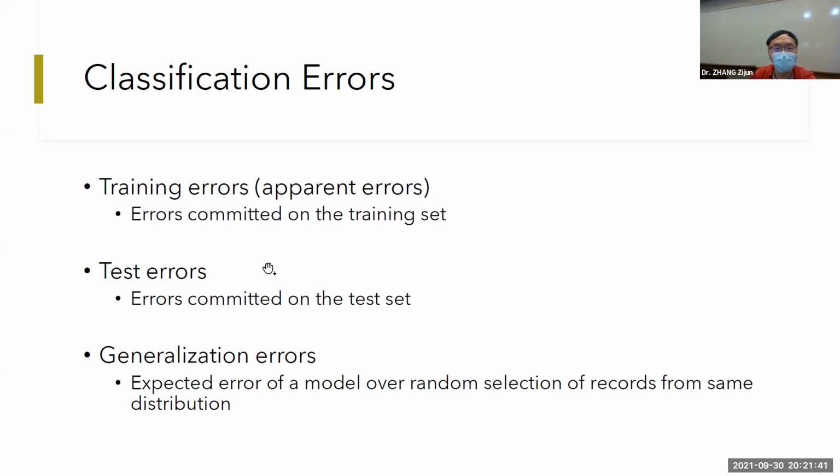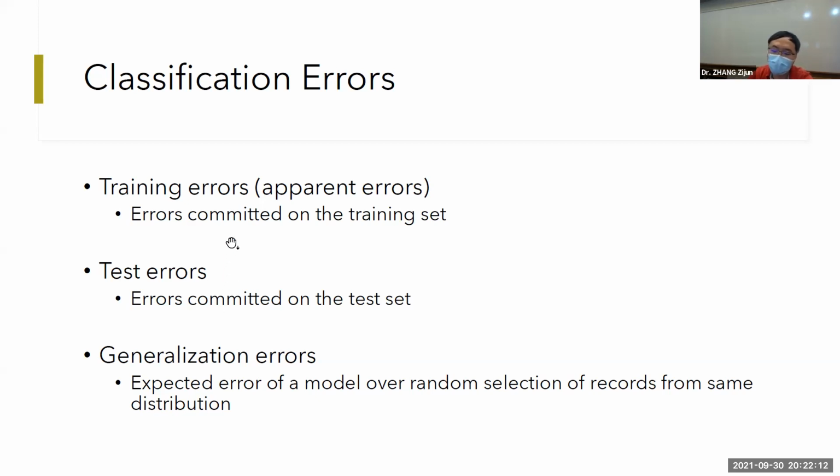That means errors of the classifier we obtained based on the training data set. Second is called testing error or test error. That's the error when we deploy our well-trained classifier on the test data set. And third one is called generalization error. That's the expected error of a model over random selection of records from the same distribution.